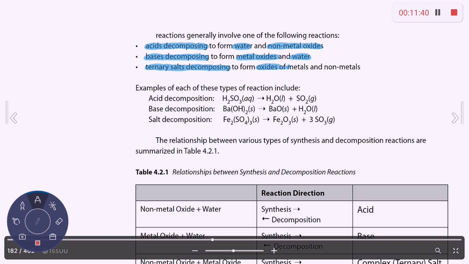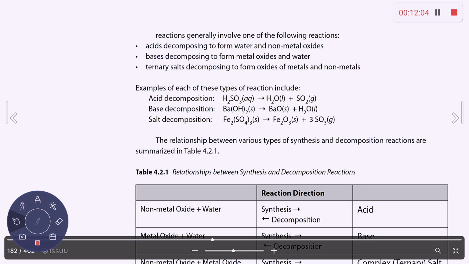The salt forms a metal oxide and a nonmetal oxide. They gave you examples right here. You wouldn't necessarily know how to predict these products, but you could recognize that they were a specific type of decomposition reaction, okay?